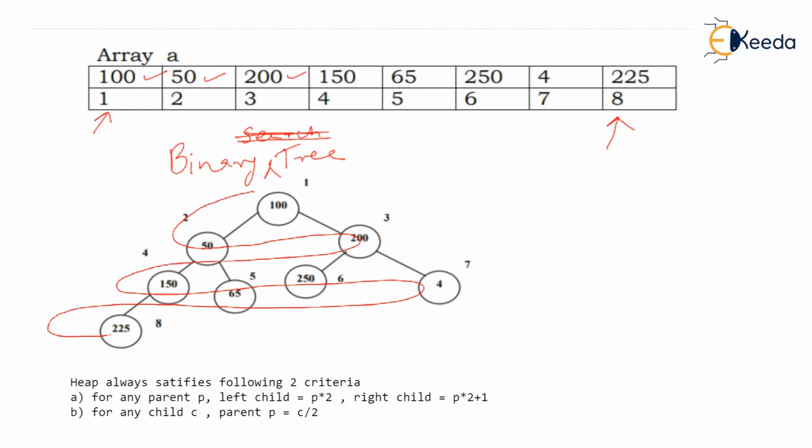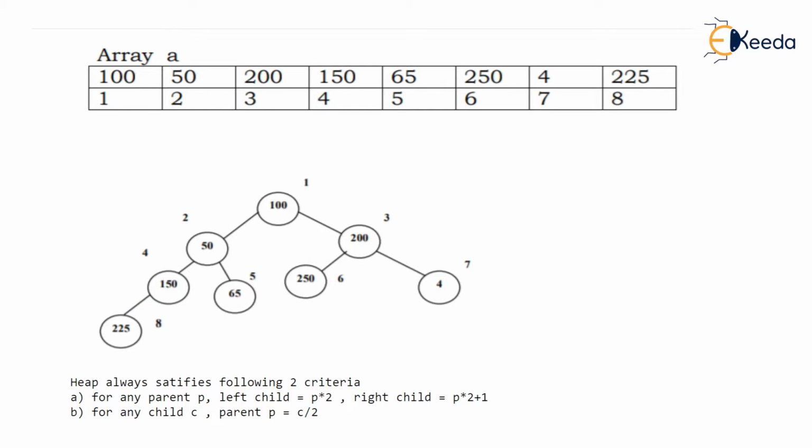Just observe how the first value 100 is added at the root. But the second value 50 is added in sequence from left to right. So 50 becomes the left child of 100 and the next value 200 becomes the right child of 100. And now you just check 150, the fourth element of the array.